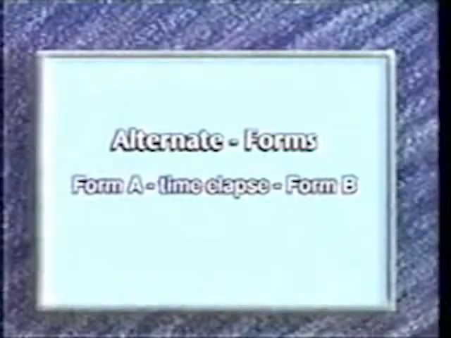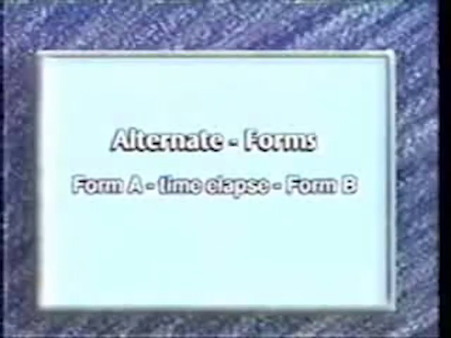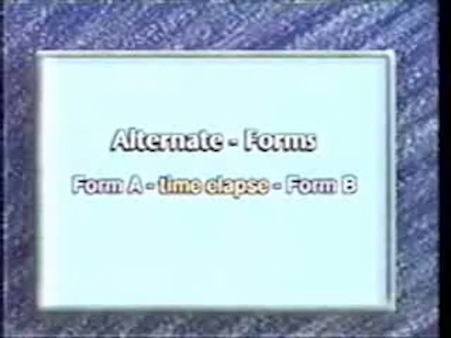Alternate forms reliability, which is sometimes called parallel form reliability, can be used when there is more than one equivalent form of the test. This type of reliability involves administering one form of the test, allowing time to elapse, and then administering a second form of the test. Because the two forms are equivalent, retesting with the alternate form serves the same purpose as the retest in test-retest reliability.